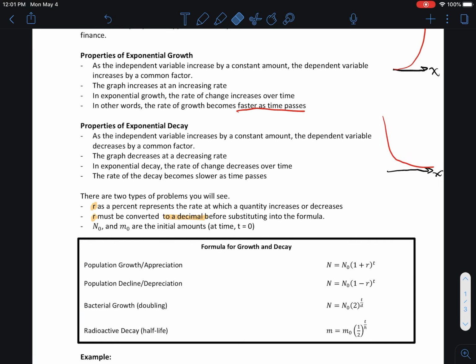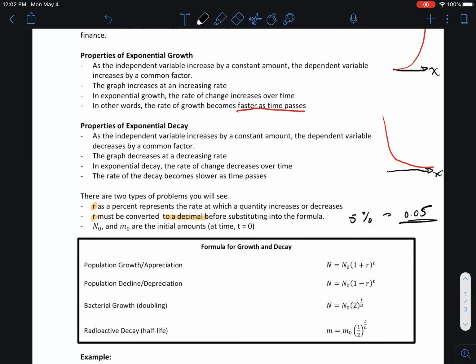We cannot plug in things like 100%. If the question says it increases by, I don't know, 5%, we cannot type in 5%. That will give us some extraordinarily wrong answer. We have to plug in 0.05, okay?